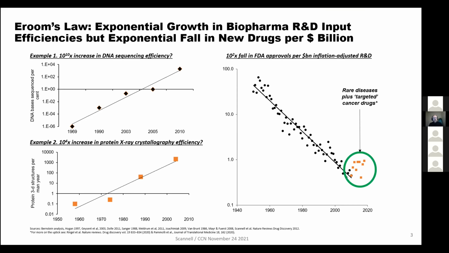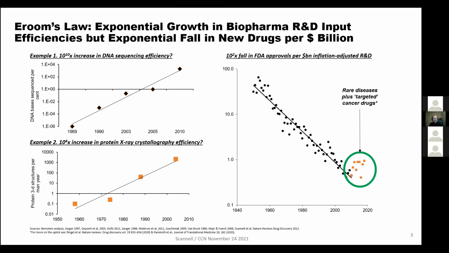And doing that, I was struck by a very, very ugly contrast between lots of the scientific inputs that seem to be getting hundreds or thousands or billions of times cheaper and more efficient, and the output productivity of the drug industry that was going in the wrong direction. If you look at the top right panel, that's DNA sequencing efficiency, which got something like 10 billion times more efficient over a number of decades.